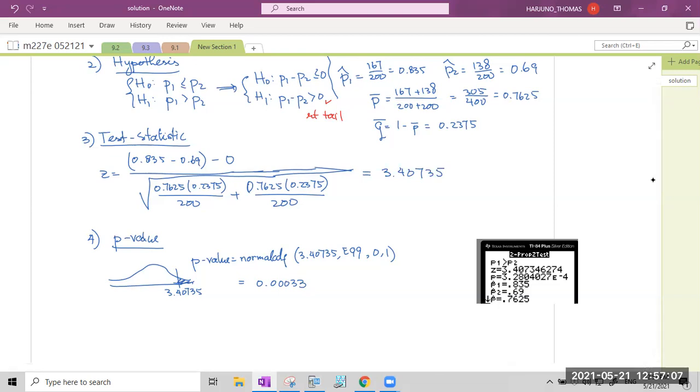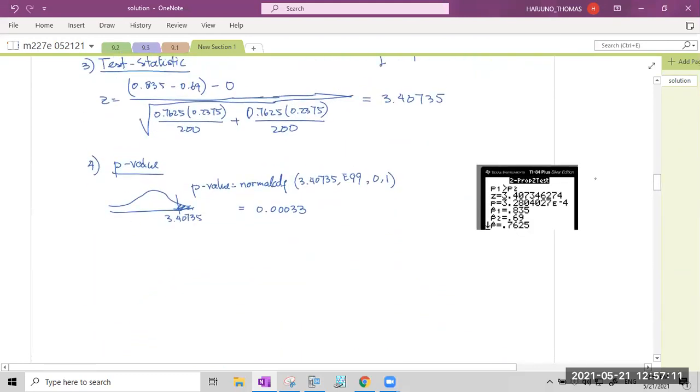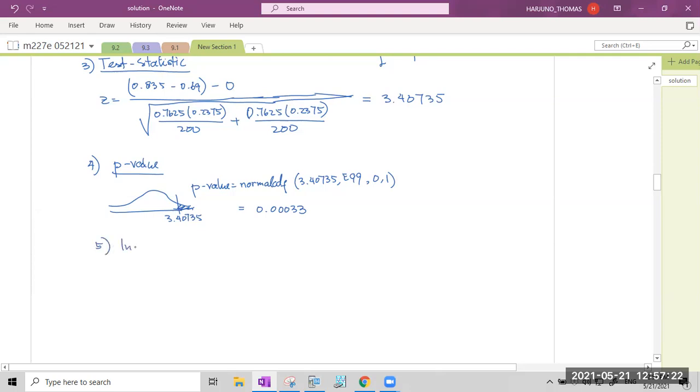What is the alpha again? 5%. Okay, I don't need this anymore. So the purpose I use calculator actually is just to get my step 3 and step 4. So step 5, informal conclusion: reject null hypothesis.